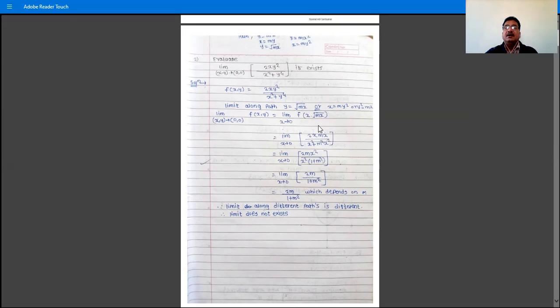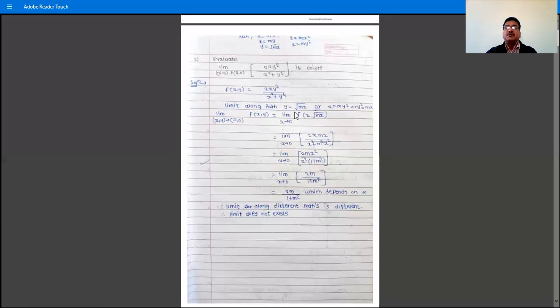Substitute y as root mx here. Then y square is mx, and y raised to 4 is (root mx) square, whole square, which is m square x square.